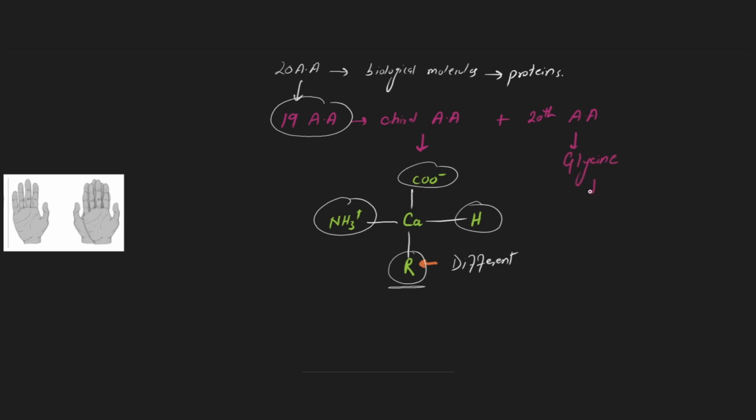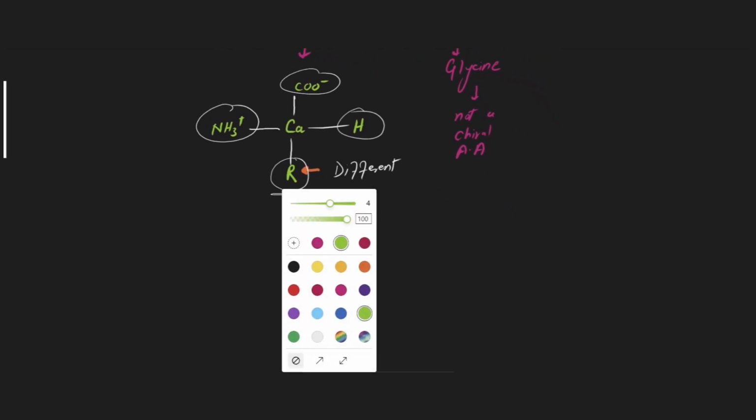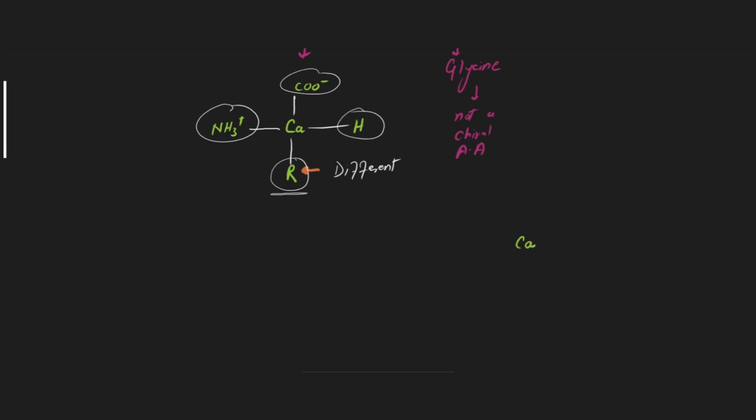And glycine is not a chiral amino acid. Why is it not a chiral amino acid? Because it doesn't have a chiral center. To exhibit a chiral center, there should be an alpha carbon which is attached to 4 different groups. But in the structure of glycine, there is a carbon present in the center of the structure, but that carbon is not an alpha or chiral carbon, because it is attached to only 3 different groups.